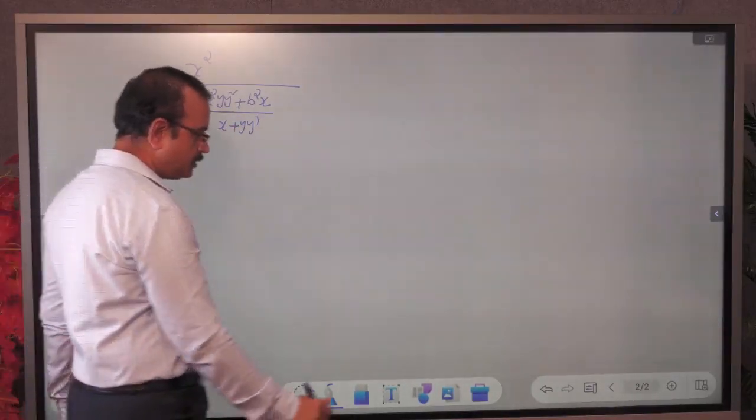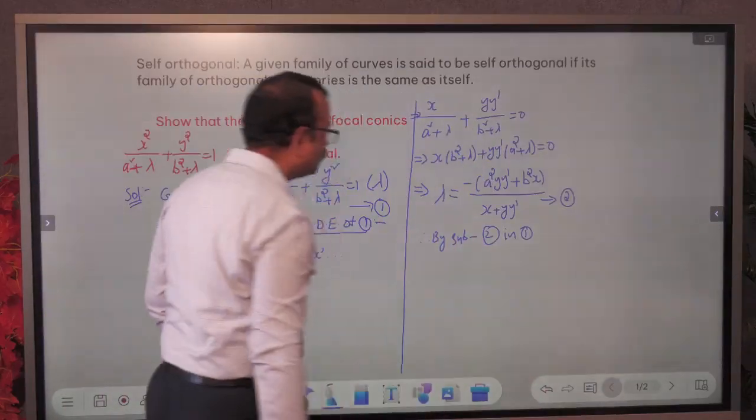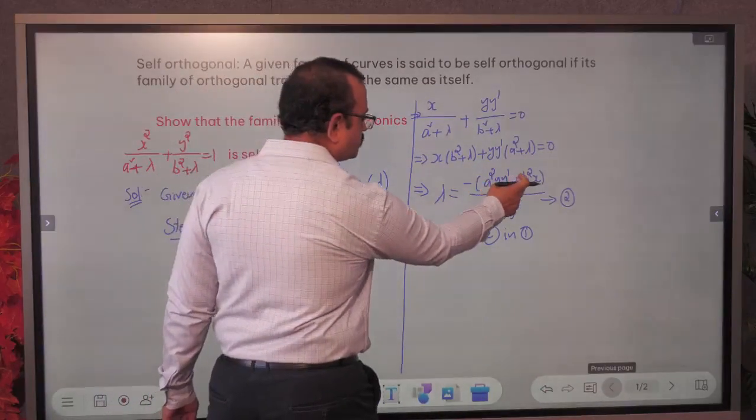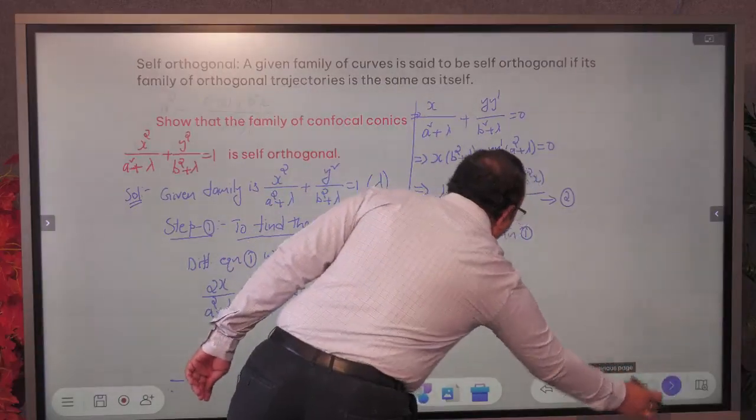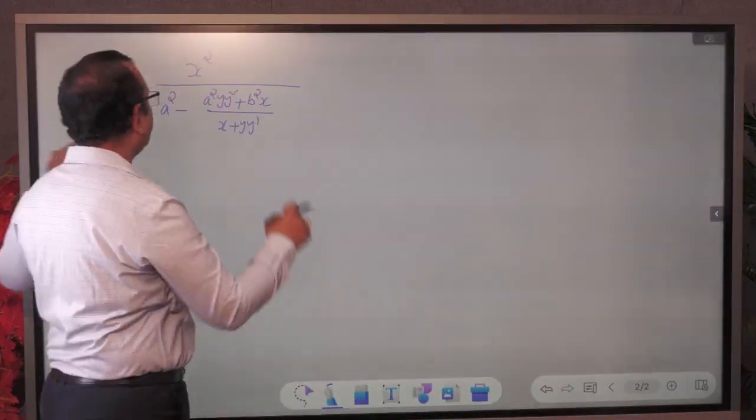Let me check whether it is right or wrong. So value of lambda is a square y dash plus b square x.